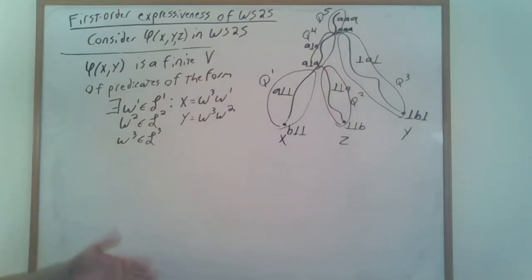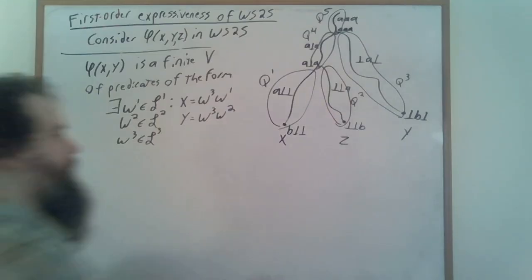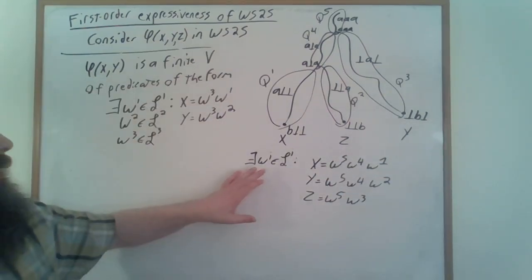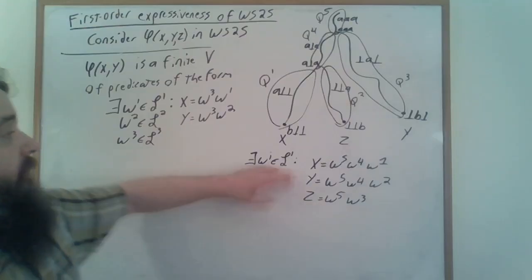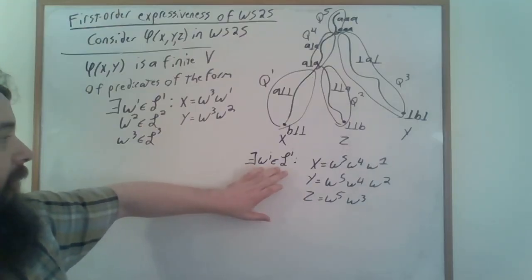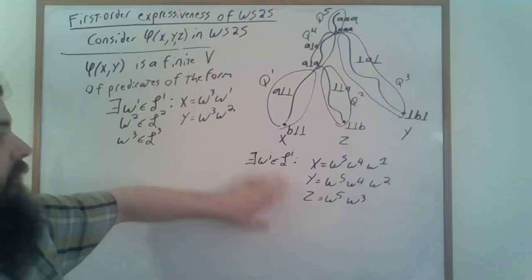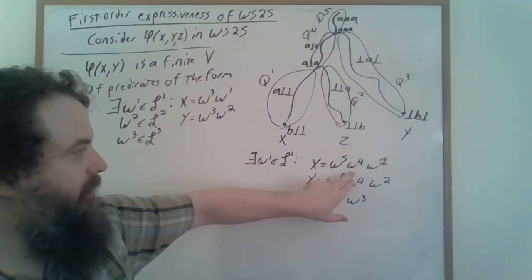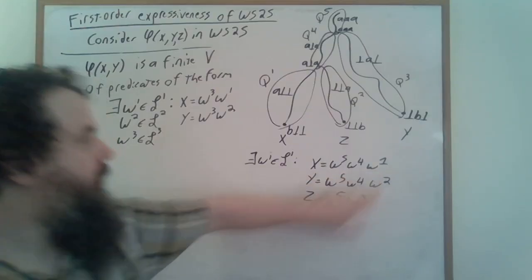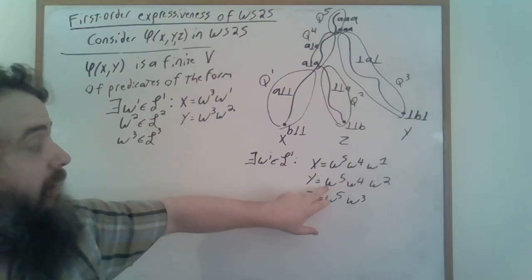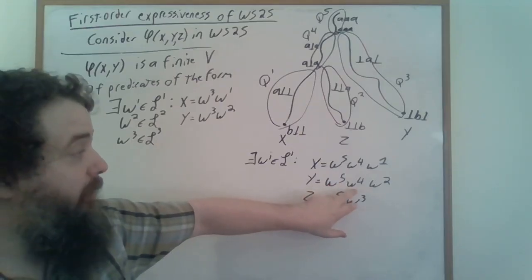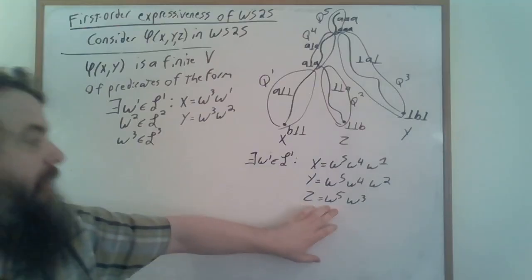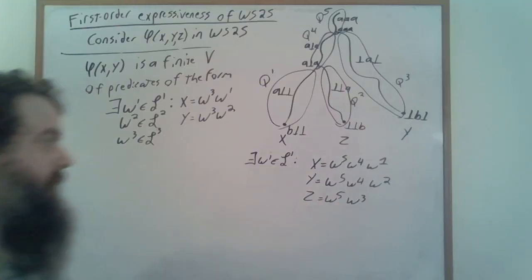When we clean this up at the end, it's going to look something like: there are some W1 through W5 falling into regular languages L1 through L5, such that X is W5 concatenated with W4 concatenated with W1. Y is that W5 concatenated with that W4, concatenated with some W2. And Z is that W5 concatenated with W3.